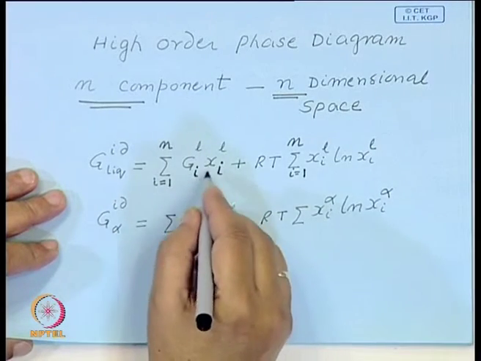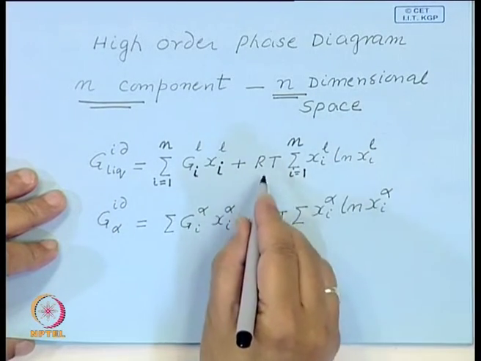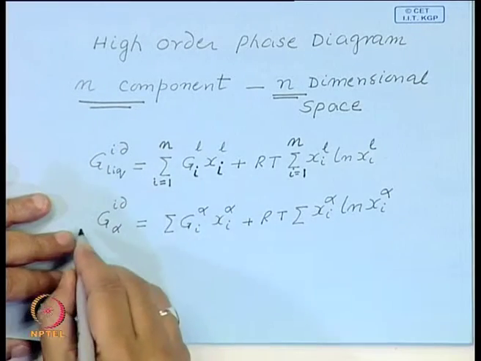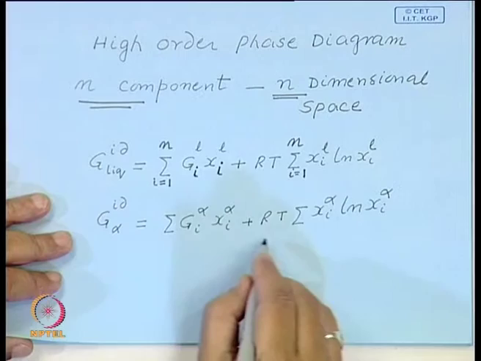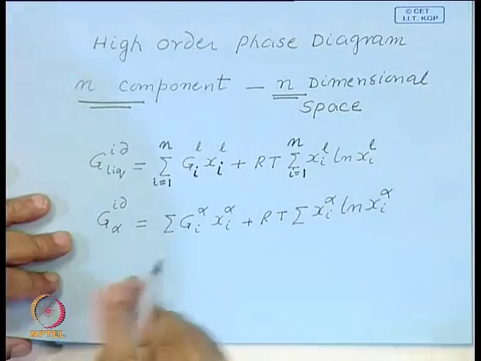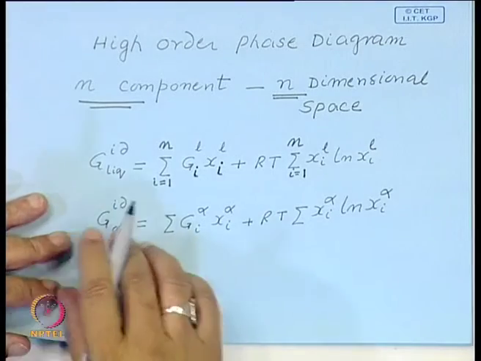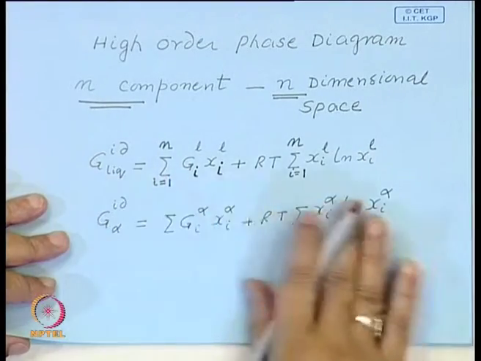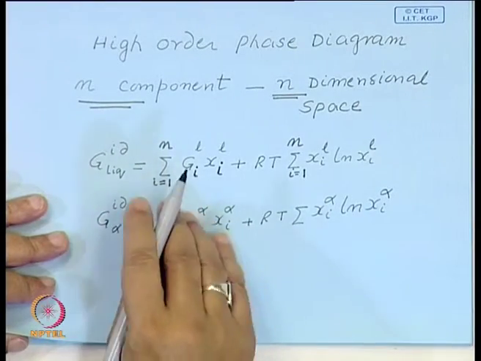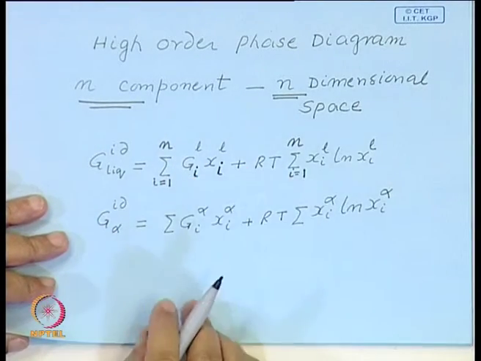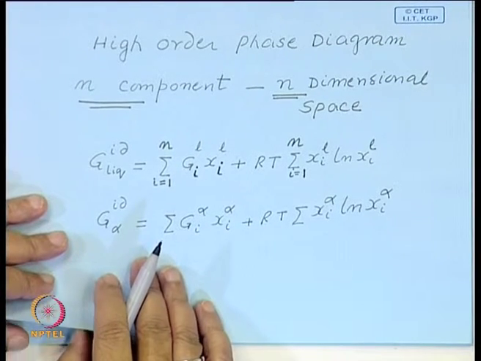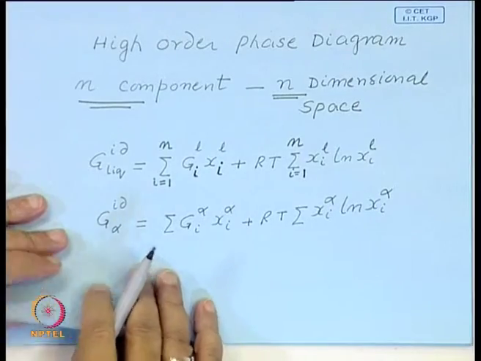These are the standard state free energies, and this is the free energy of mixing. Similarly, you will have a similar expression for the solid. Such expressions can be written down, and suppose we consider an isomorphous system in n-dimensional space, it is possible to visualize what the phase composition will be at a particular temperature.